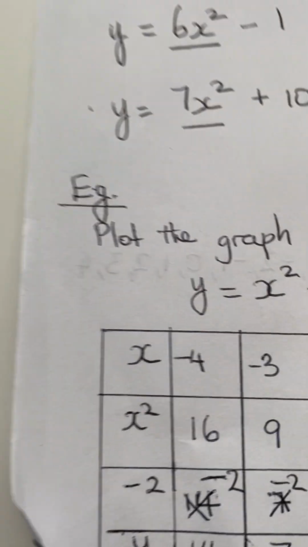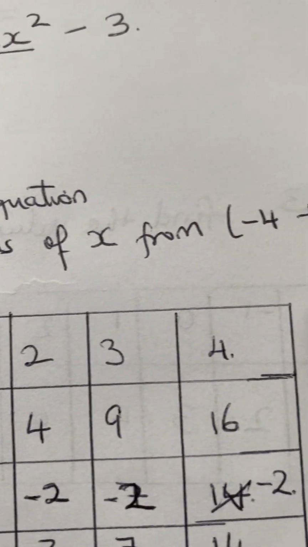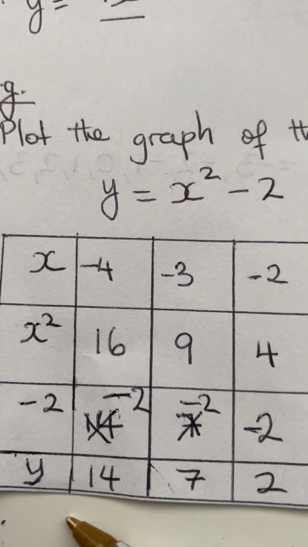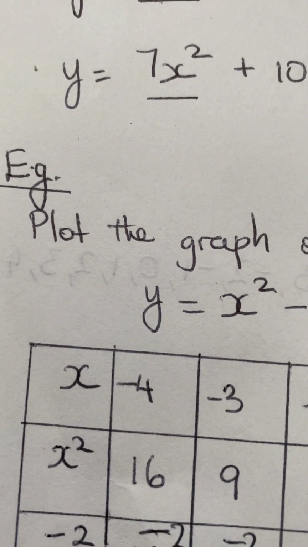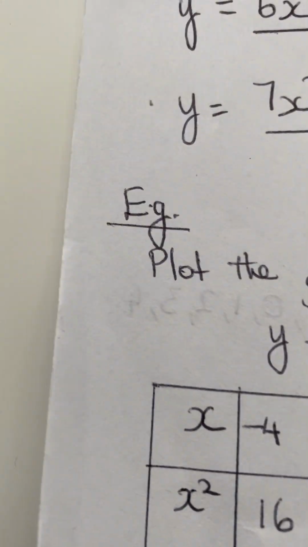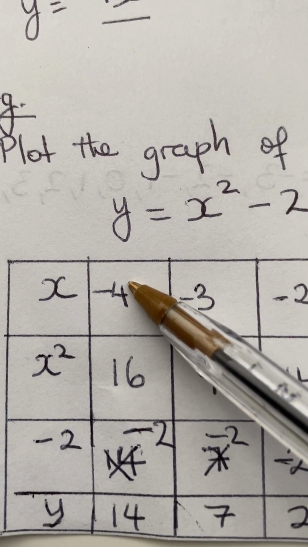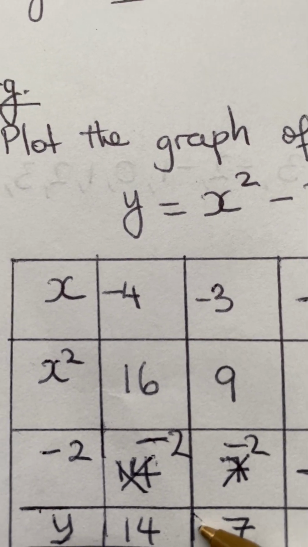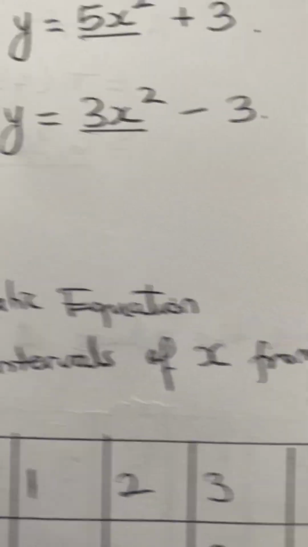Okay, so now we have the x values on top here, and the y values down here. The table is more systematic. So when x is minus 4, y is 14. Okay, so here is my graph.